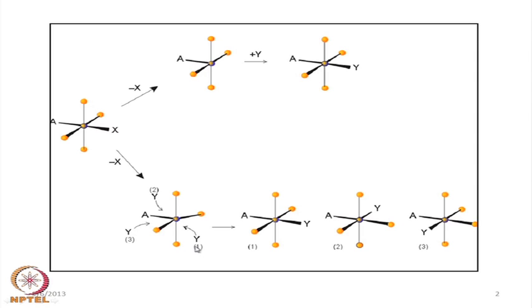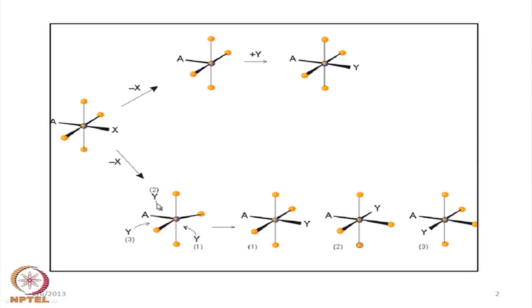When Y is attacking the cobalt center to get back the original octahedral structure, that means attack of Y will take place from this side, which is marked as site number 1, giving rise to the same product with the change of X by Y only. That means retention of configuration, that means the trans configuration of the complex.